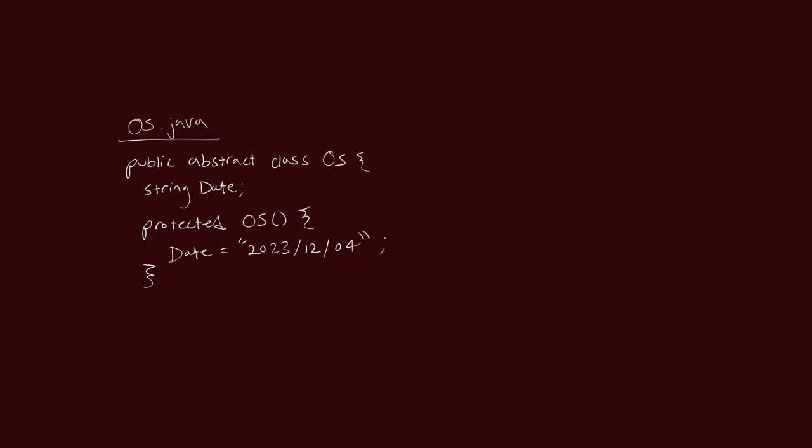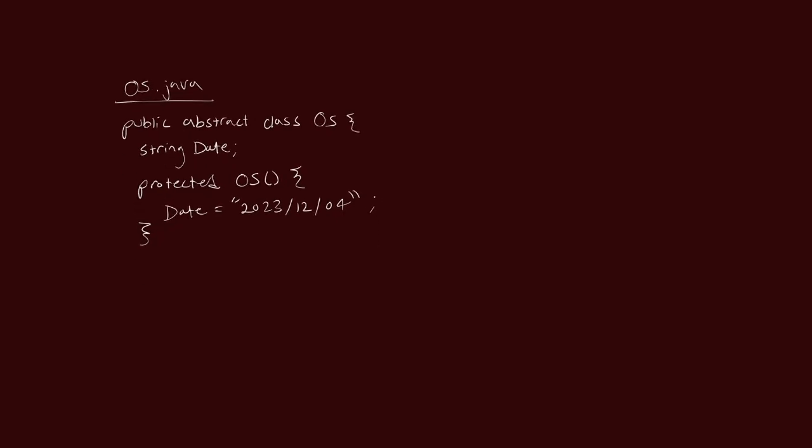Okay, that looks good, and then we'll have a public toString method. So public String toString, and we'll return "OS created on", and then we'll put the date here.